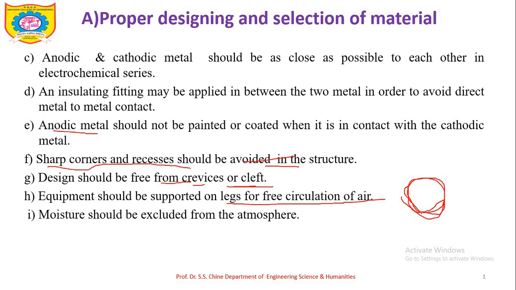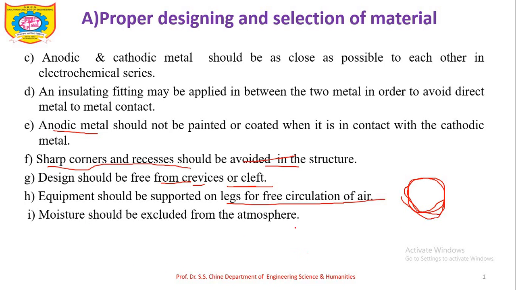So if no free circulation, then it will cause the corrosion. But if that free circulation is there, then it will avoid the corrosion. And for that purpose, that cylinder or any instrument or any assembly should be kept on the stand, so that there will be free circulation of air and it will not cause the corrosion.